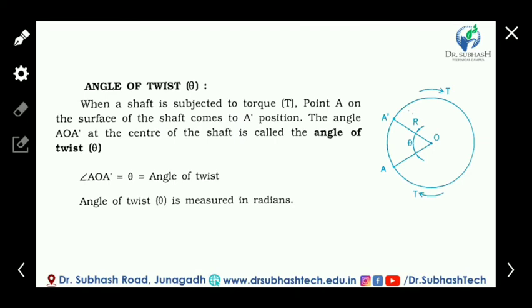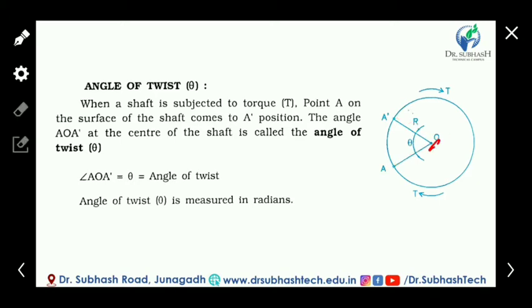Now the angle of twist. What is the angle of twist? When the shaft is subjected to torque, under the twisting moment, point A on the surface of the shaft comes to the A dash position. The angle AOA dash at the center of the shaft is called the angle of twist. Means consider one point A on the shaft, and given the twisting moment or turning moment, this point moves to A dash due to the twisting of the shaft.